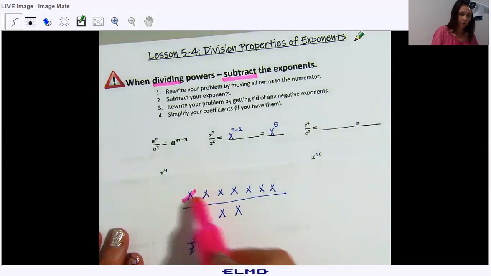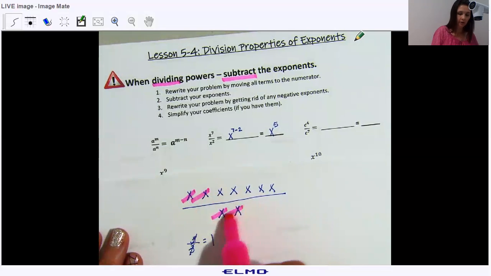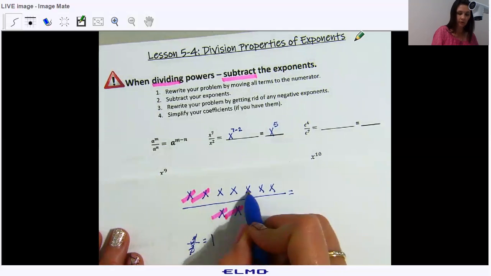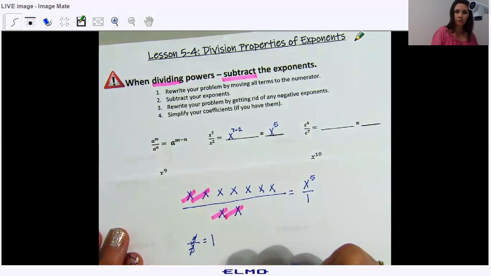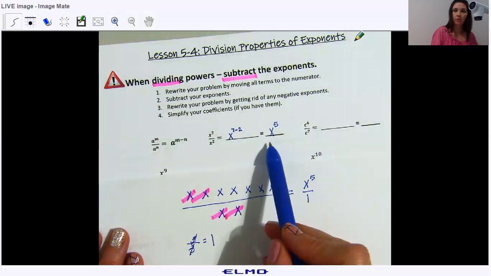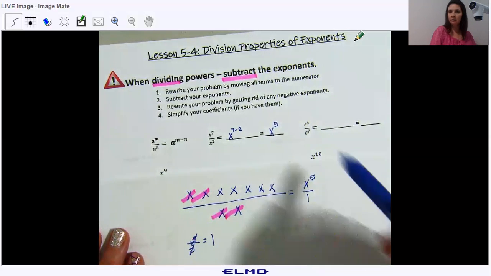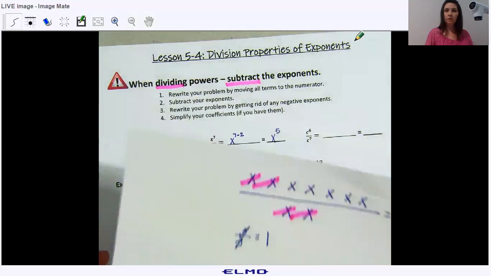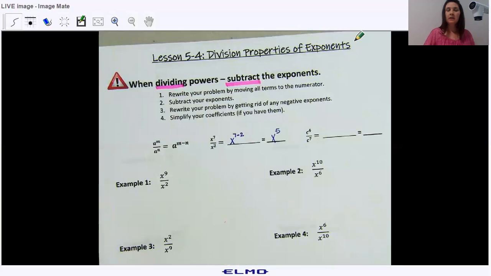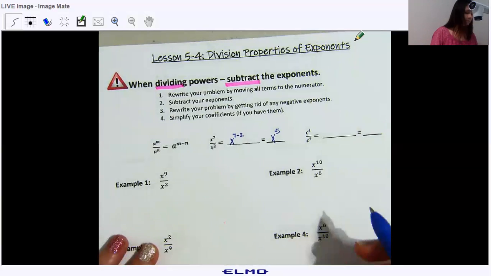We could get rid of 1 here and here, 1 here and here, and then we are left with just 1, 2, 3, 4, 5, x to the power of 5 over 1, which is the same as x to the power of 5. So this is what's taking place when you are simplifying expressions in division with exponents.